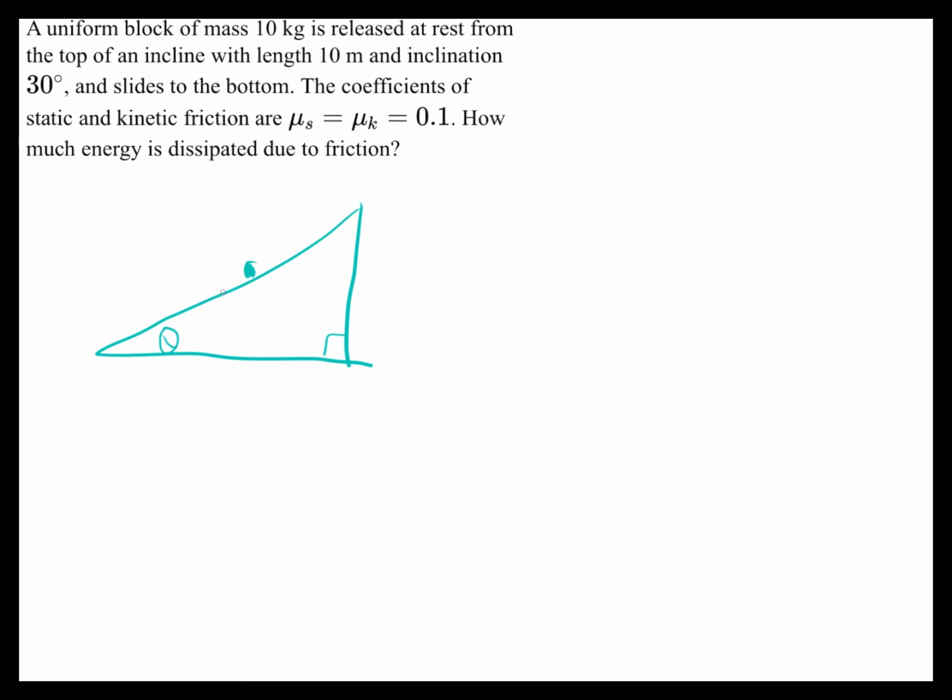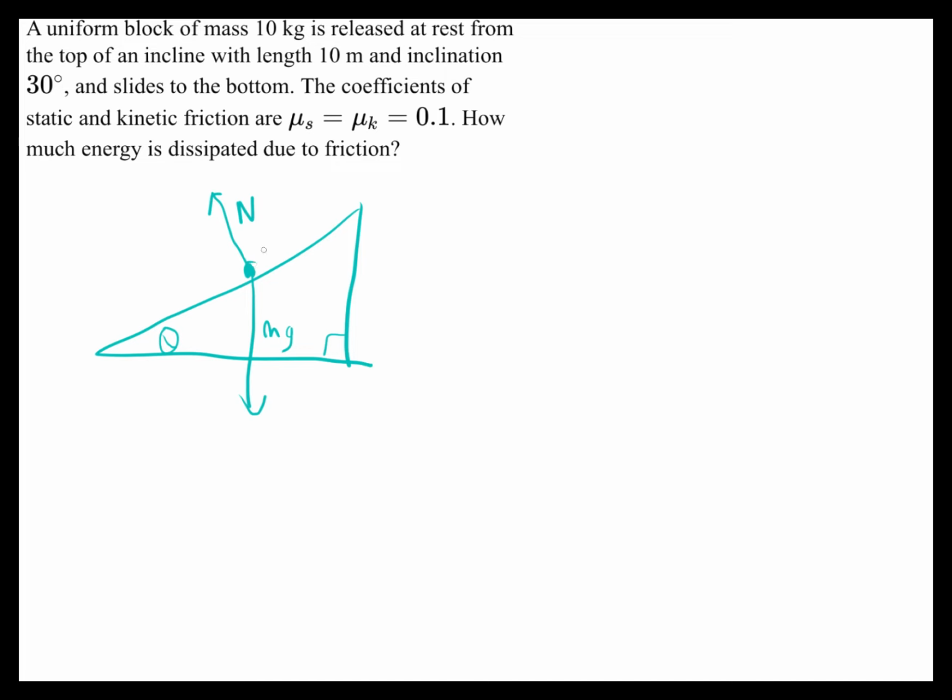Now we can draw a free body diagram for this point. There's going to be gravity, which points straight down, and the normal force, which is perpendicular to the surface of the incline.